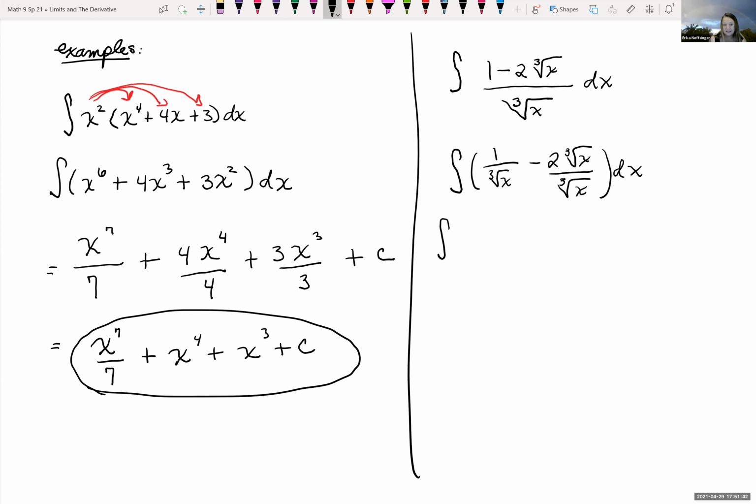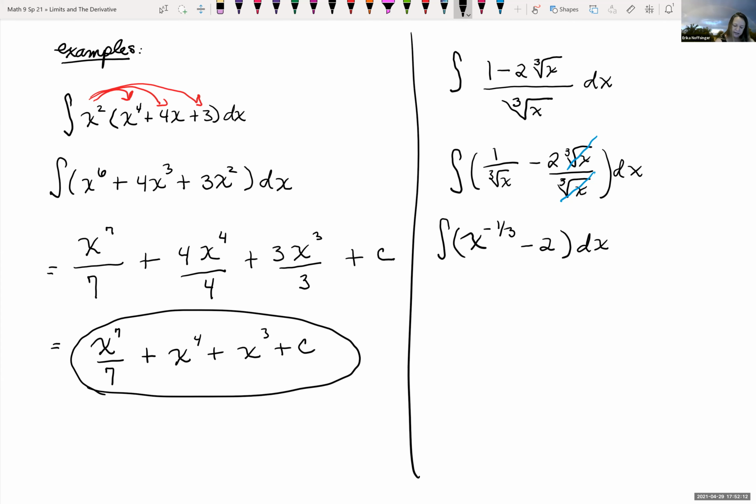So the cubed root of x is x to the 1/3. So 1 over x to the 1/3 is the same thing as x raised to the negative 1/3, minus 2. And notice that now we can cancel these cubed root of x. So we just have that minus 2, and then all of that dx. So we've manipulated it to a form that we can now take the antiderivative.